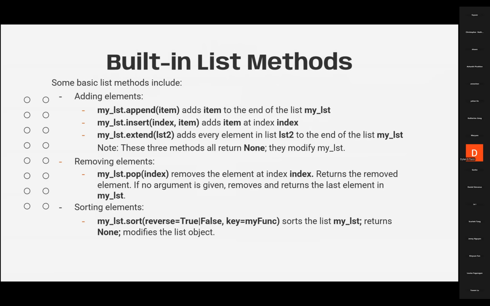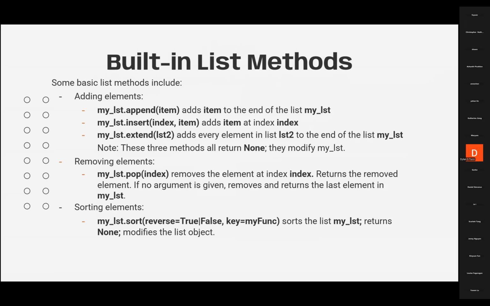For removing elements, we use pop. Pop will remove the element at the given index and return the removed element, but it still modifies the original list. If no argument is given, the method will just remove the last element. Then for sorting elements, we can use the method sort.